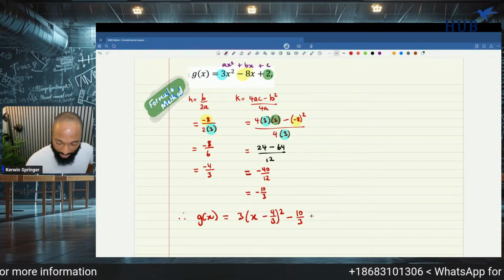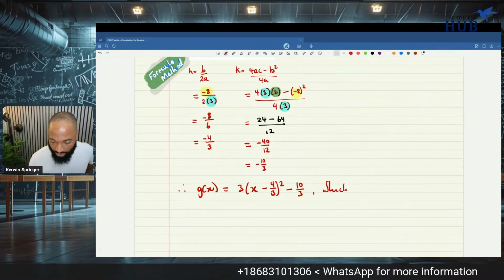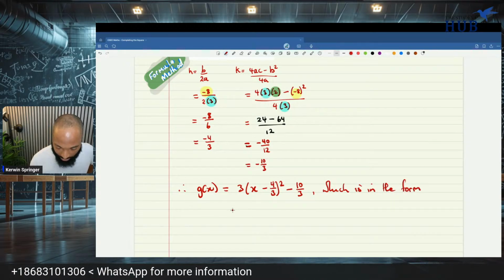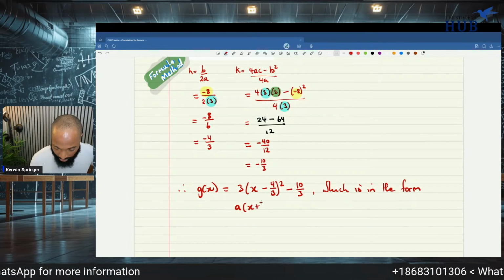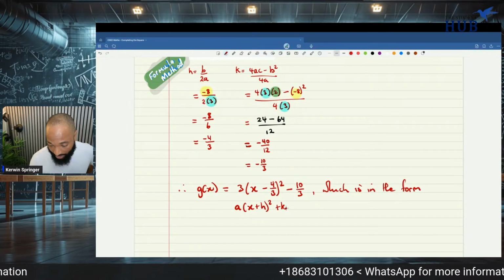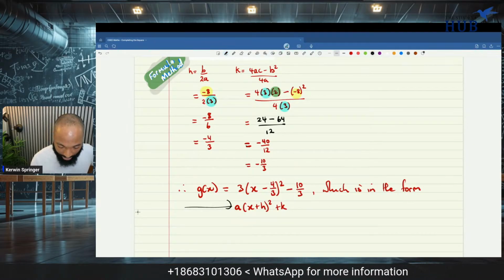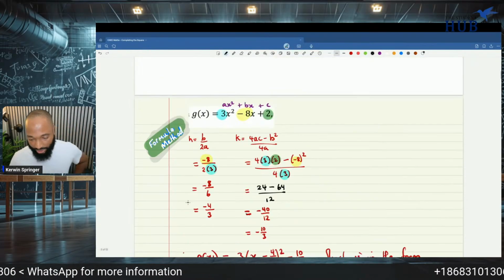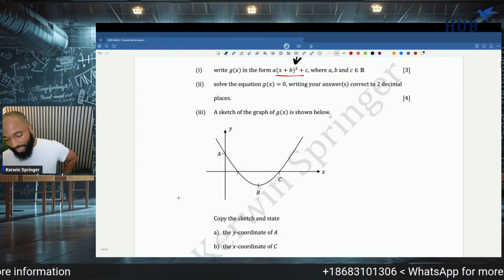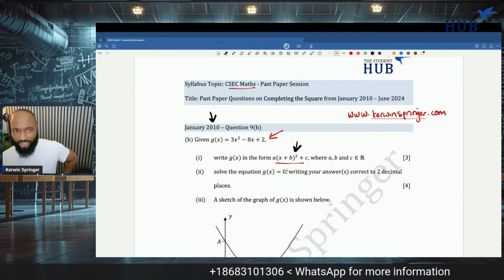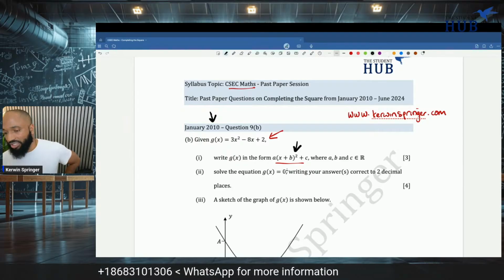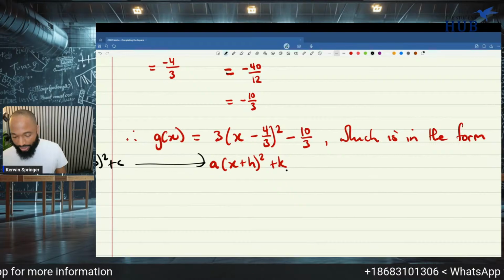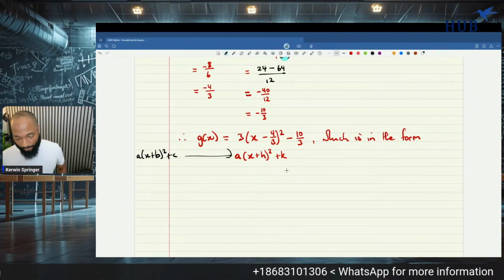Which is in the form A into (X plus H) squared plus K. Now, in this paper, they wrote it like A into (X plus B) squared plus C. It's the same thing, it's just that they're calling H B, which is a very bad thing to do. So, okay. And that's it.